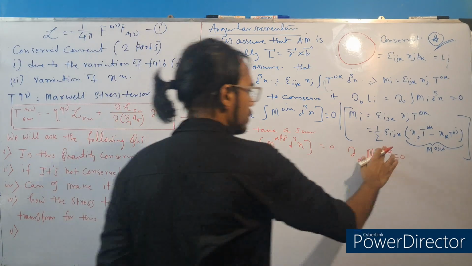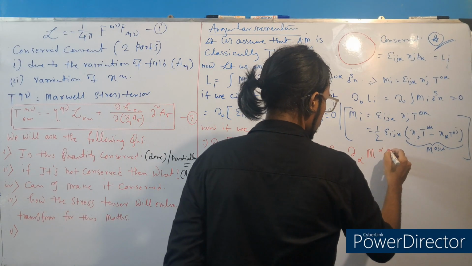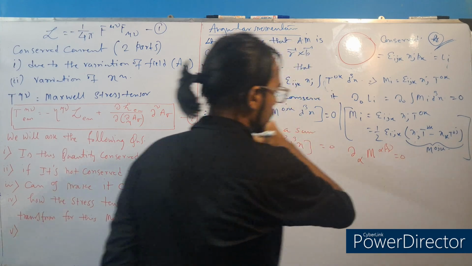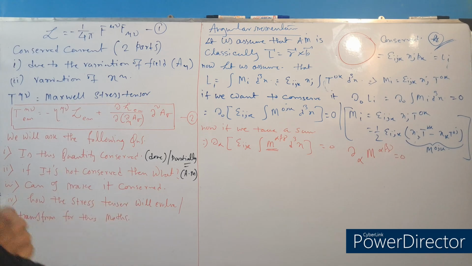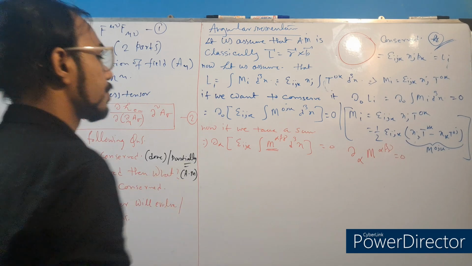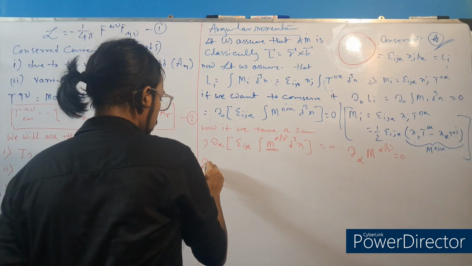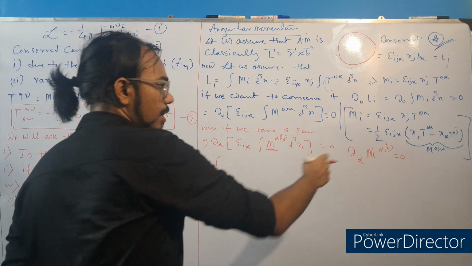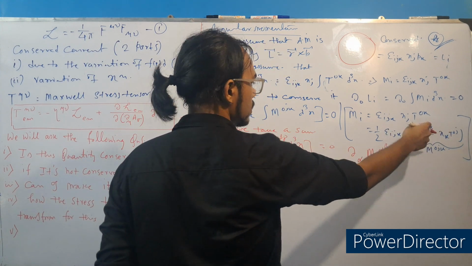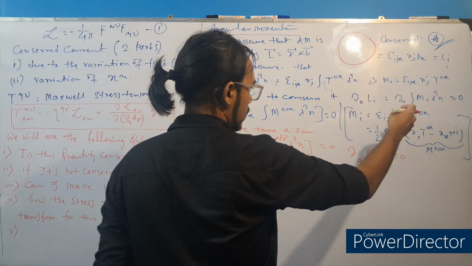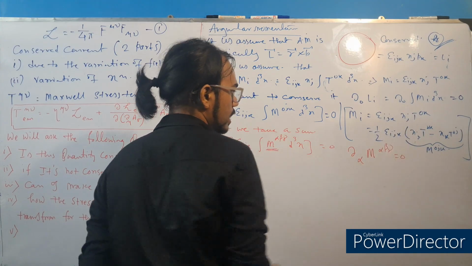I'm extremely sorry about that, because if it is alpha, then it is the Greek index, and Greek and Latin cannot sit together. So del_alpha, what is M^{alpha beta gamma}? Just replace the index 0 with alpha, j with beta and k with gamma.